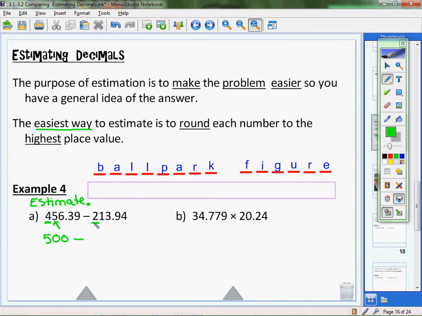So we're going to round to that hundreds place. We look at the 1 next to it. Because that's smaller than 5, we keep it rounded down to the 2, so it's 200. 500 minus 200, you probably can do that in your head, is 300. So the answer for part A is 300.